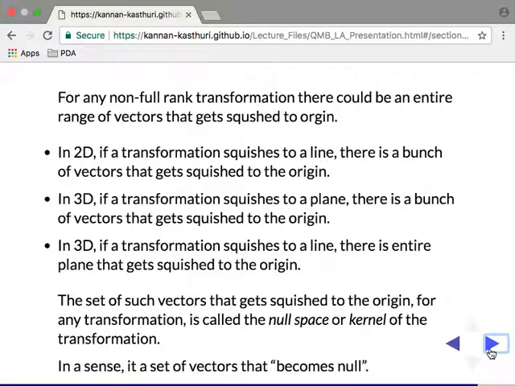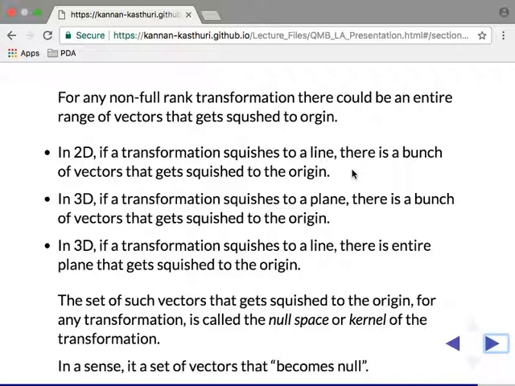For any non-full rank transformation, there could be an entire range of vectors that get mapped to the origin, that get squished. In 2D, a set of vectors could be mapped to the origin. In 3D, if it squishes to a line, the entire plane is squished to the origin.